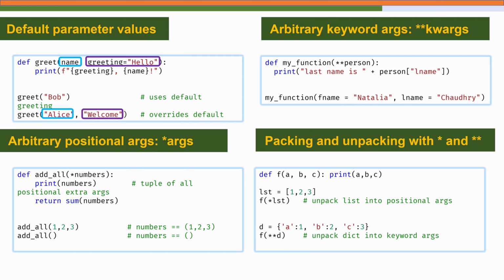Next is arbitrary arguments. If you do not know how many arguments will be passed into your function, add an asterisk before a parameter name in the function definition. This way the function will receive a tuple of arguments and can access the items accordingly. So the *args syntax packs any number of extra positional arguments into a tuple.